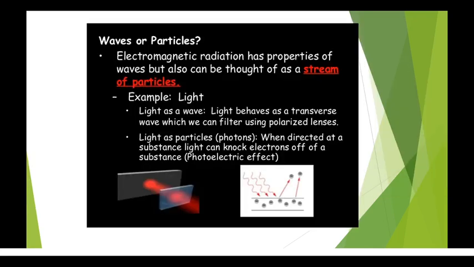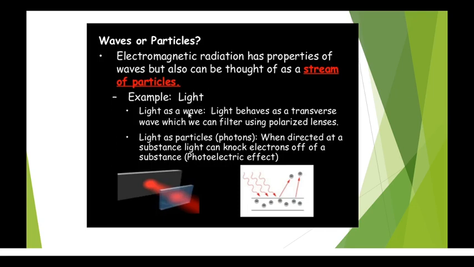So electromagnetic radiation, whether they are waves or particles. Electromagnetic radiation has properties of waves because they undergo diffraction, they undergo interference, isn't it? But they can also be thought of as a stream of particles called photons. For example, an example of electromagnetic radiation is light.